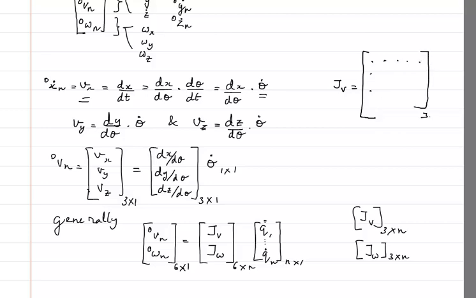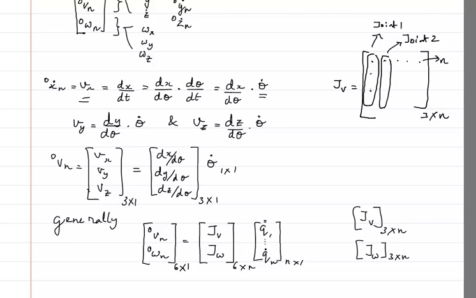So this is 3 by n. Here n means the number of joints. So this column will be for joint 1, this column will be for joint 2, and similarly the last one will be for joint n. For each joint we will have a column.